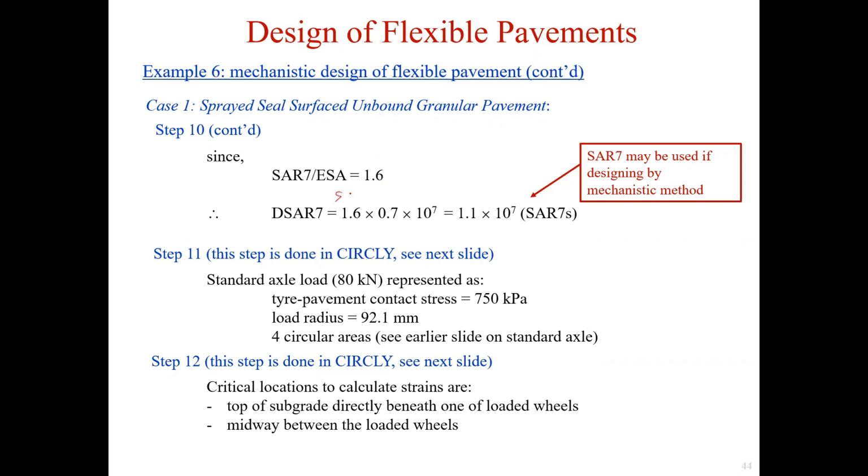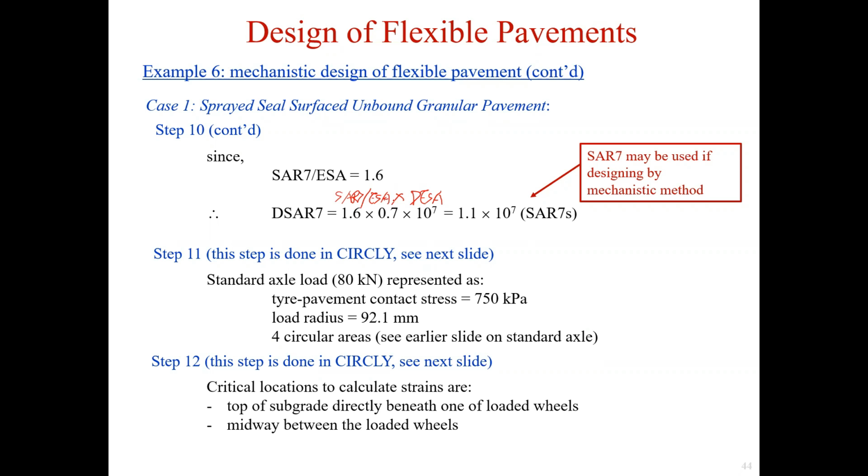So this is 1.6 times DESA, and we are able to get the result of DSAR7, which is 1.1 times 10 to the power of 7 SAR7s. The SAR7 is normally used if designing by mechanistic method.